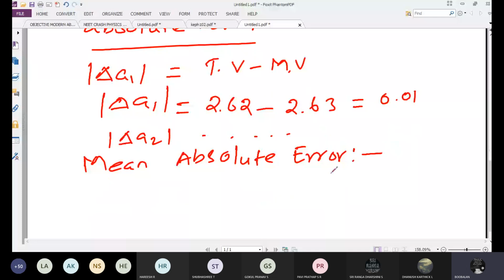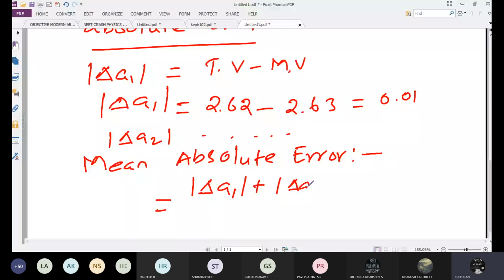Everyone try yourself. What is the mean absolute error formula? Modulus of del A1 plus modulus of del A2 plus etc. plus modulus of del AN, divided by n.